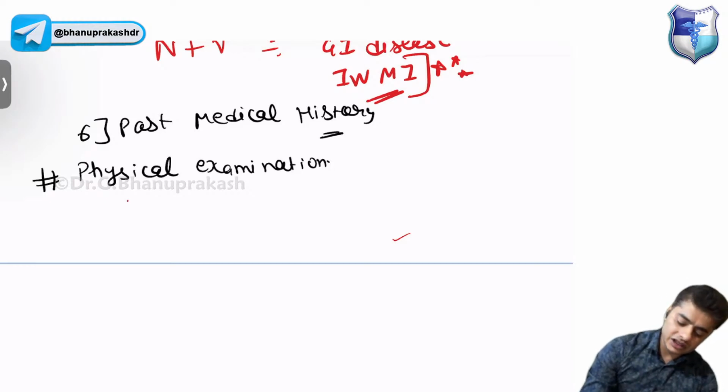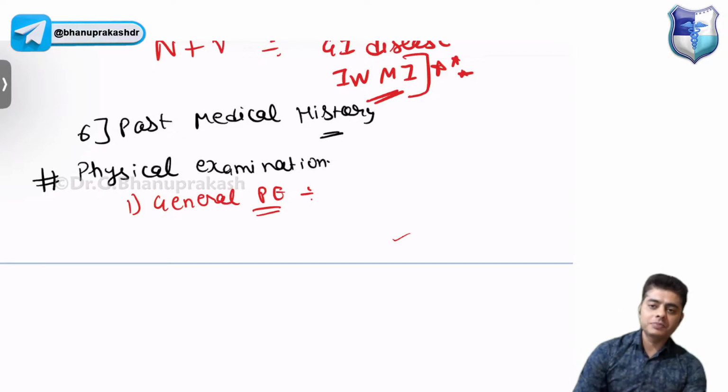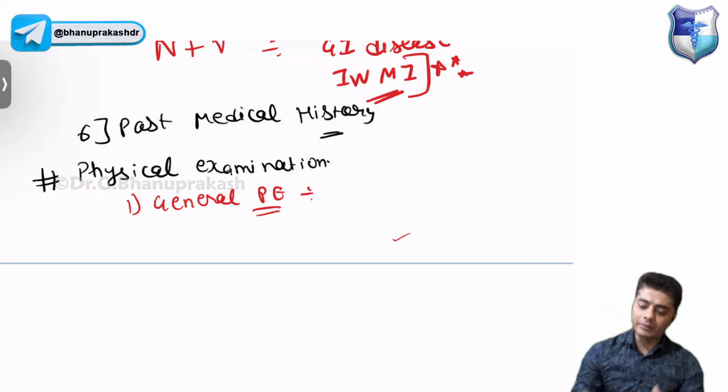In physical examination, the first heading will be your general physical examination. So, what will we see in general physical examination? Is the patient anxious or not, uncomfortable, pale, or cyanotic, or coming with the Levine sign, and the patient's body habitus.